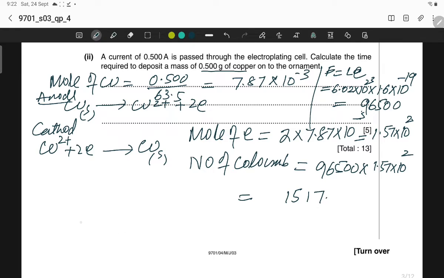And we know that Q is equal to I times T, and we can calculate the time when we have the current, 0.500 ampere.